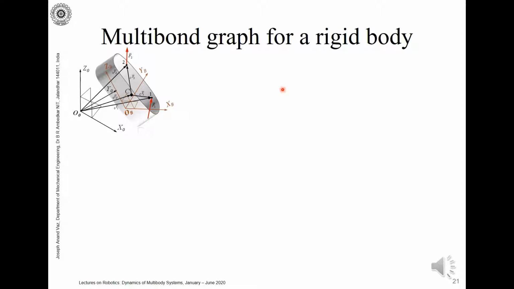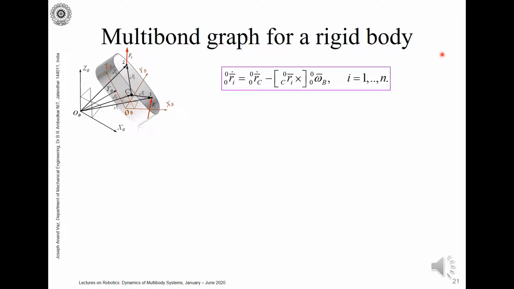So first of all, we'll begin with the kinematics of the rigid body. We'll establish a kinematic structure first, and then based on this kinematic structure, we'll obtain the dynamics. And it's a very simple approach.